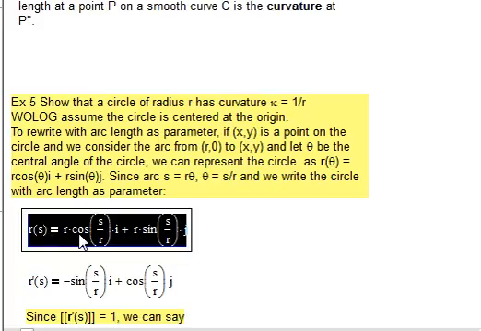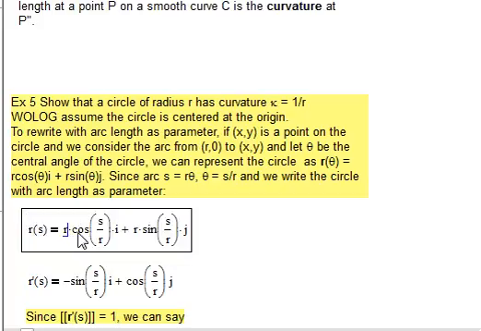r of s equals r times cosine of what used to be theta, which is replaced now with s over r, times i plus r times the sine of what used to be theta, which is now s over r, times j.